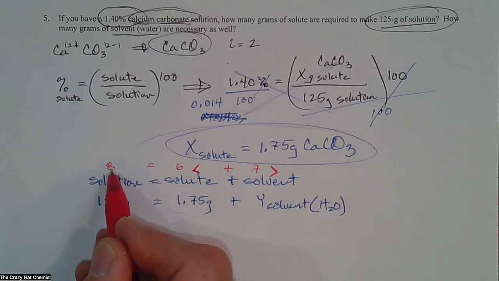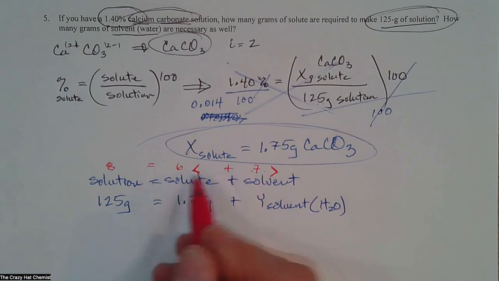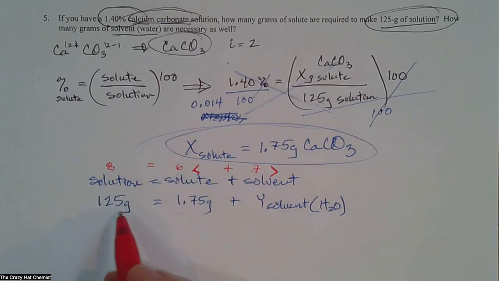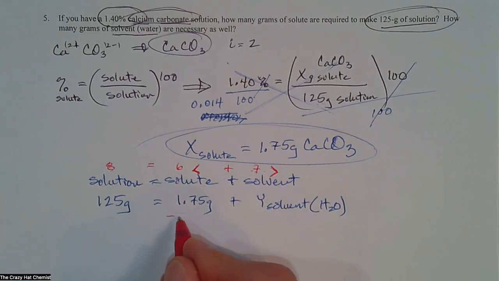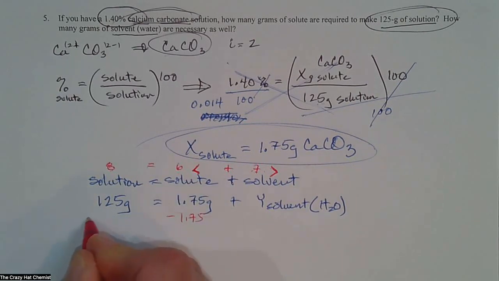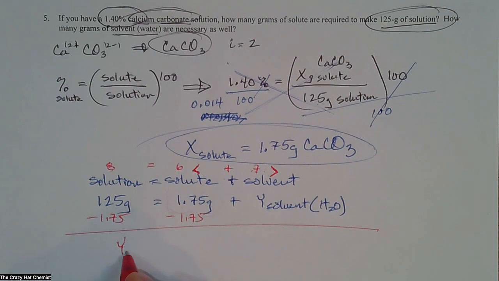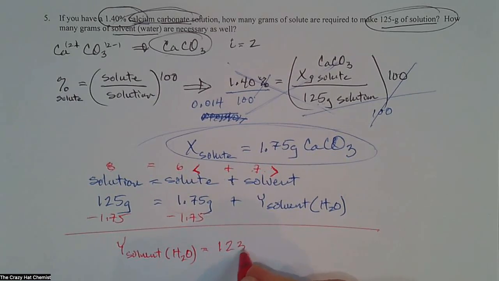And the solution is a larger number than either of these two, so it's the sum of both of them. So I'm going to subtract 1.75, subtract 1.75, and I'm going to get Y solvent, which is equal to water, and that's going to be equal to 123 grams of water.